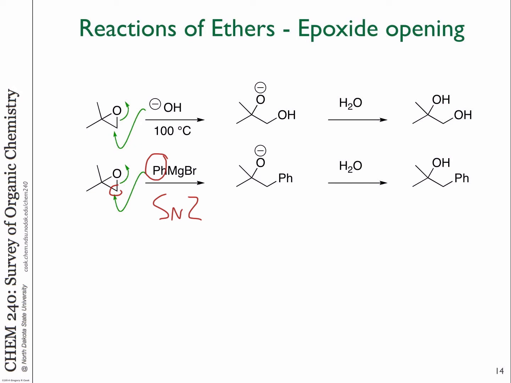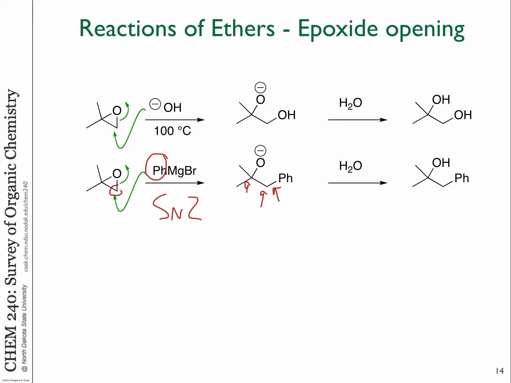And so we made that new carbon-carbon bond, but instead of the alcohol being attached to the carbon that we've added on, the alcohol is one carbon further away. So this is a complement to additions to carbonyls for alcohol synthesis. We can use a Grignard reagent but get the alcohol another carbon further away by opening an epoxide.